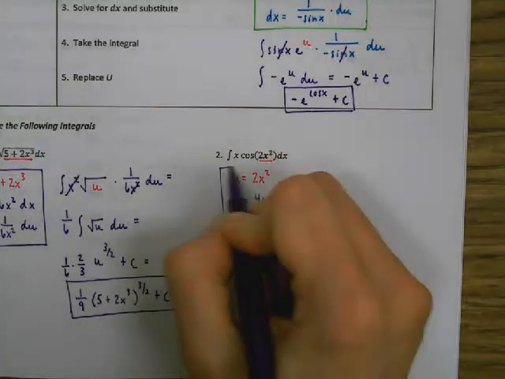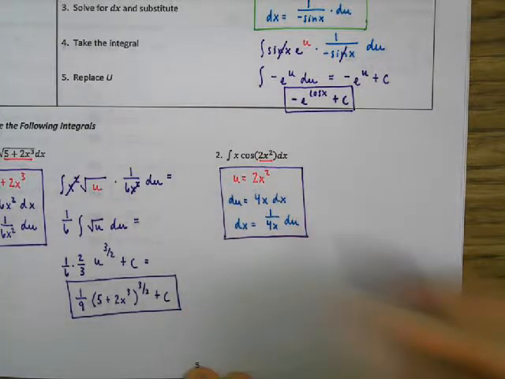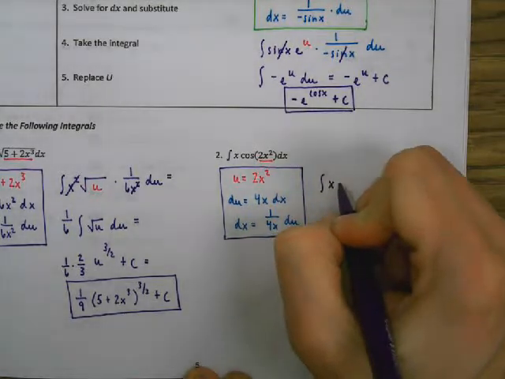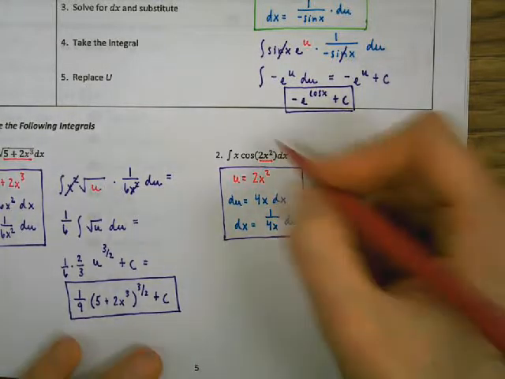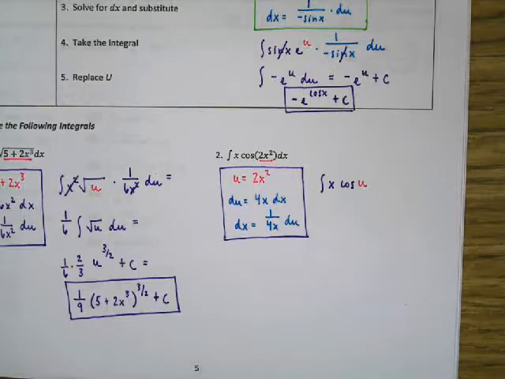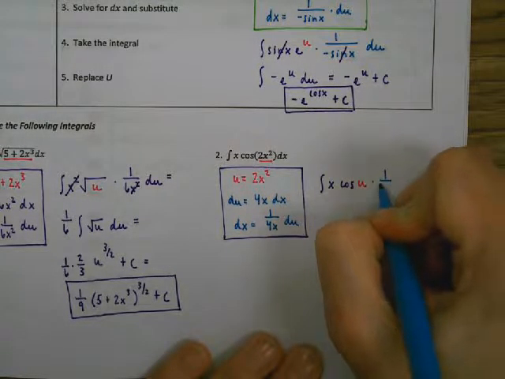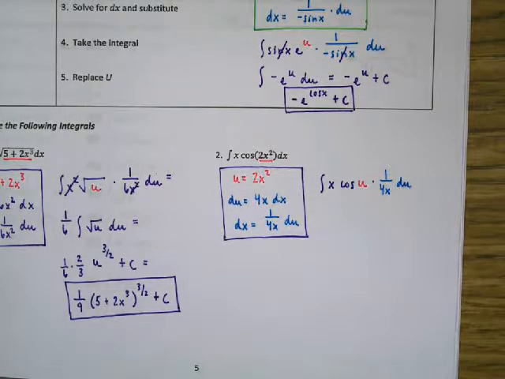So there's all the pieces that I need to go back to my integral now and substitute. So now I'm going to have the integral of x times the cosine 2x squared was what became our u. And dx, we know, became 1 over 4x times du.